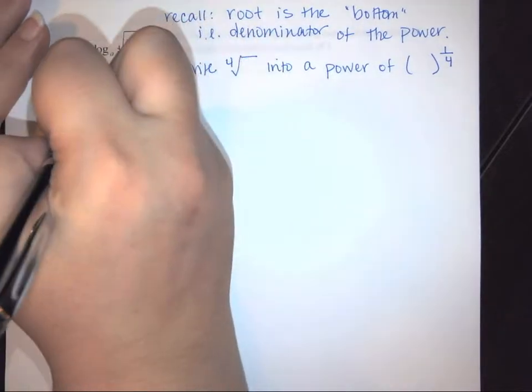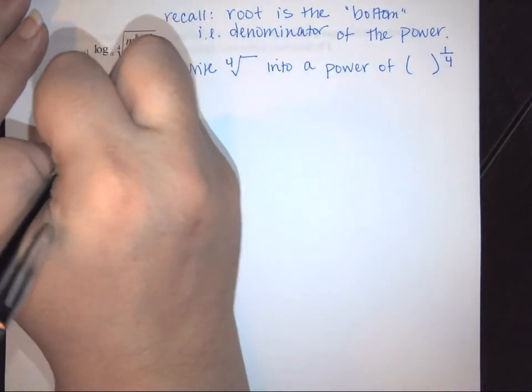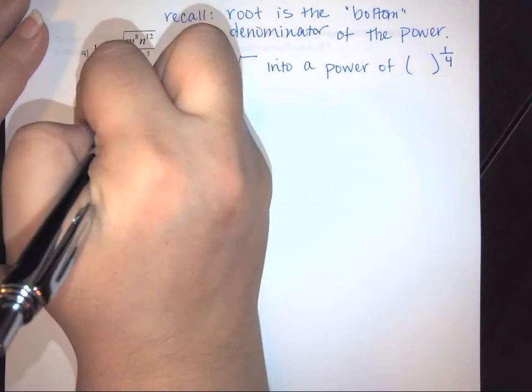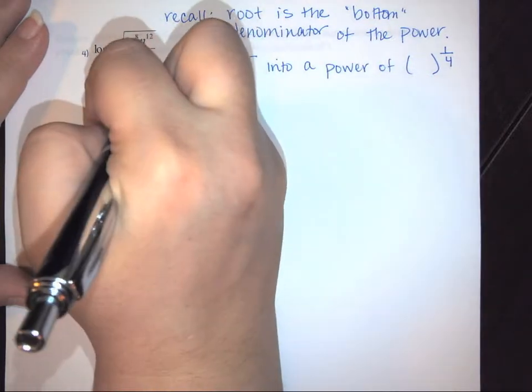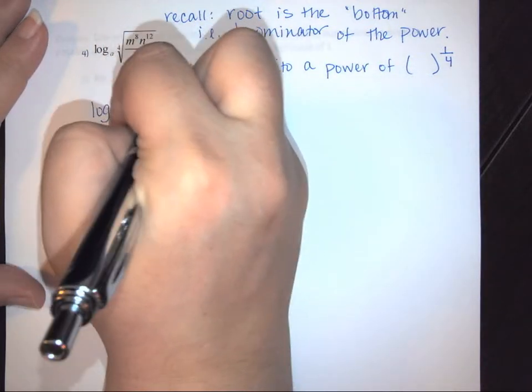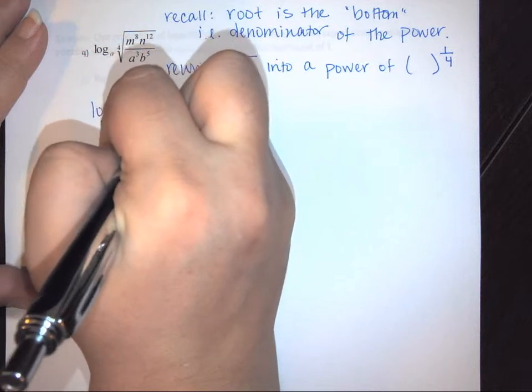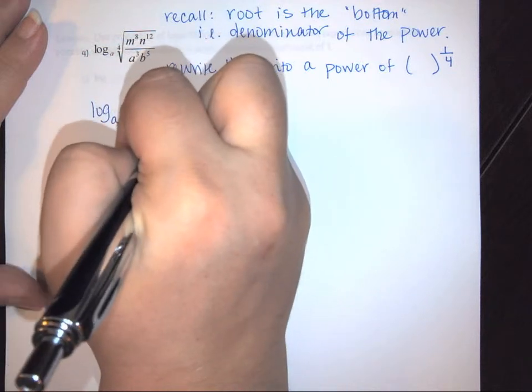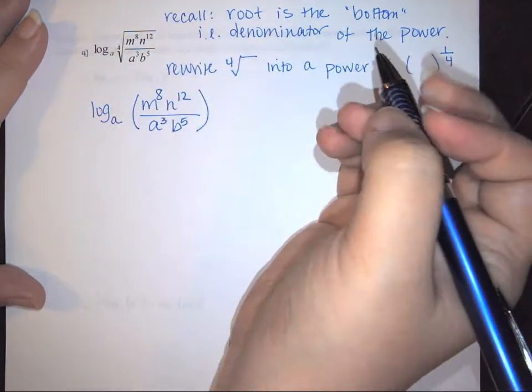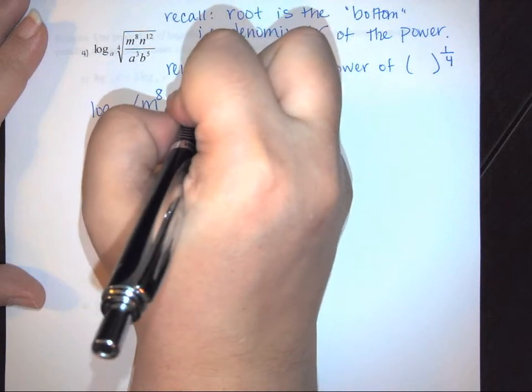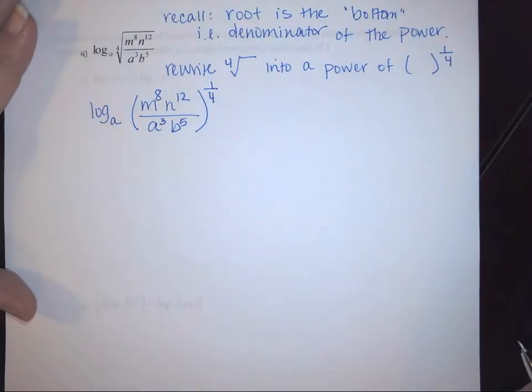So this problem is actually going to be the log base a of my stuff on the inside, m to the 8, n to the 12, all over a to the 3rd, b to the 5th, and it is raised to a power of 1/4.